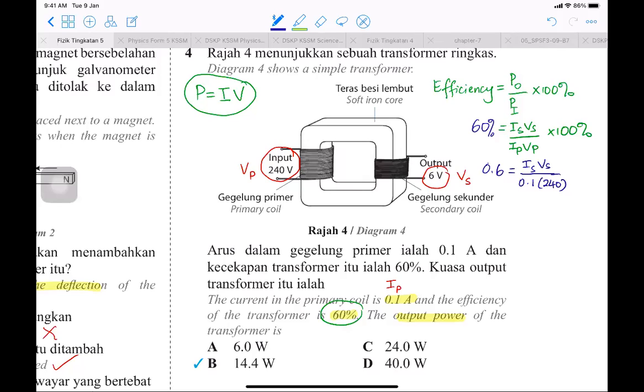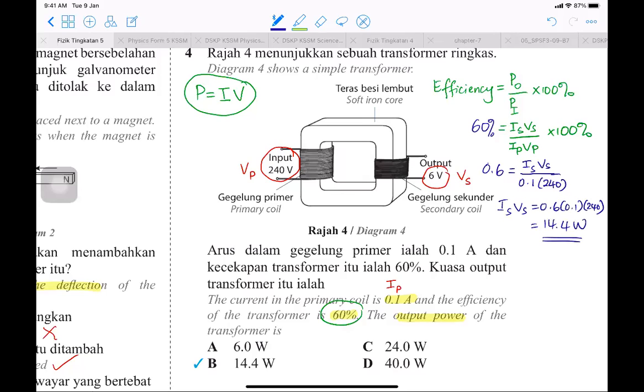Because it is referring to the power output. So the power output, ISVS, is equal to 0.6 times the 0.1 times 240 again. So it should be equal to 14.4 watt.